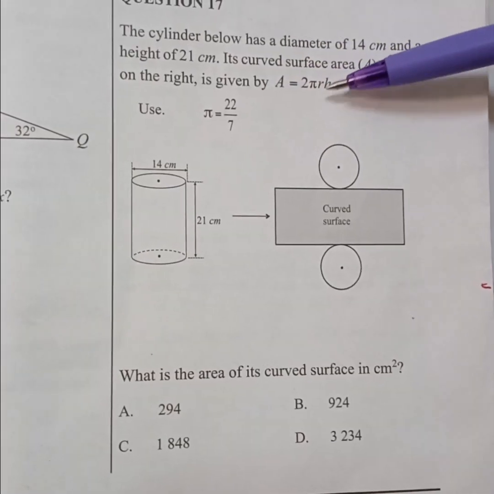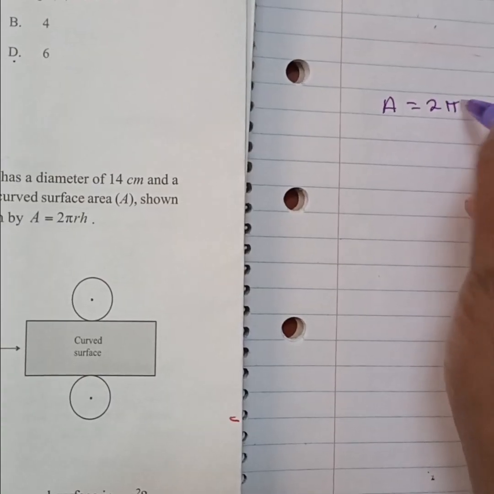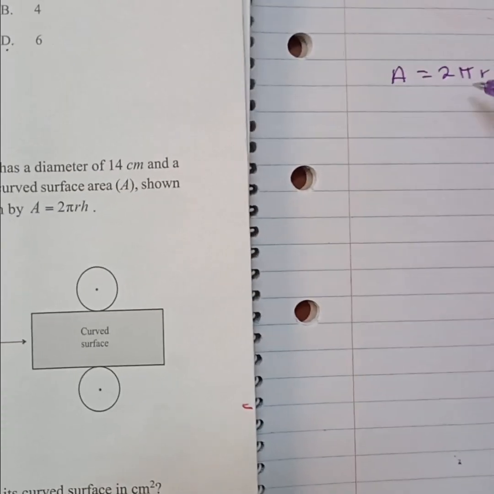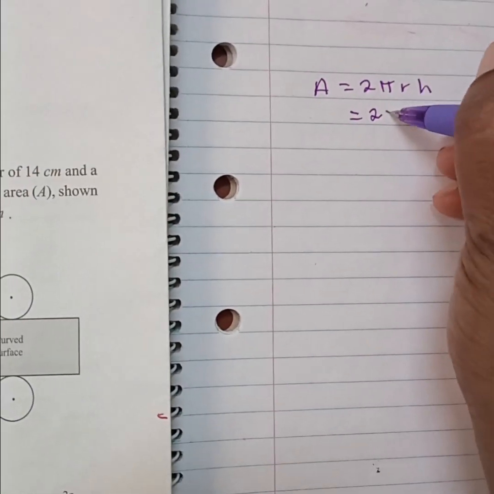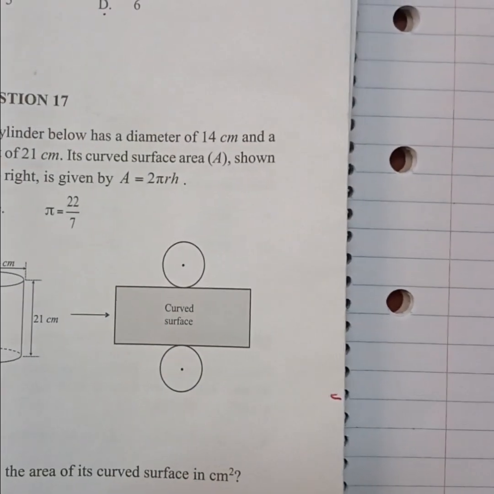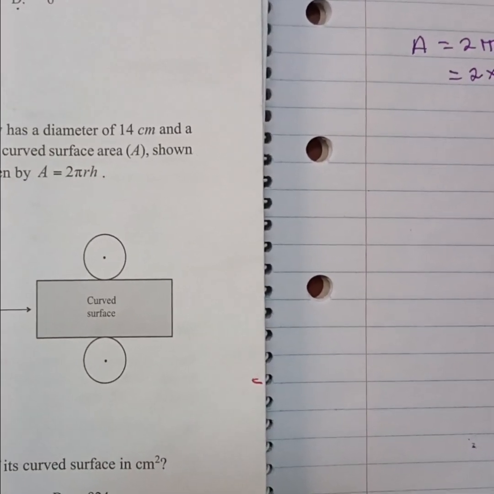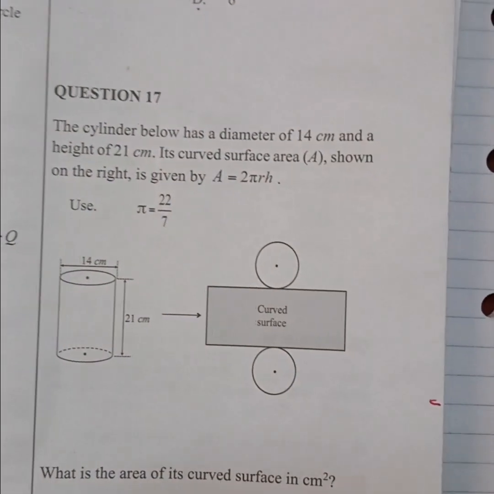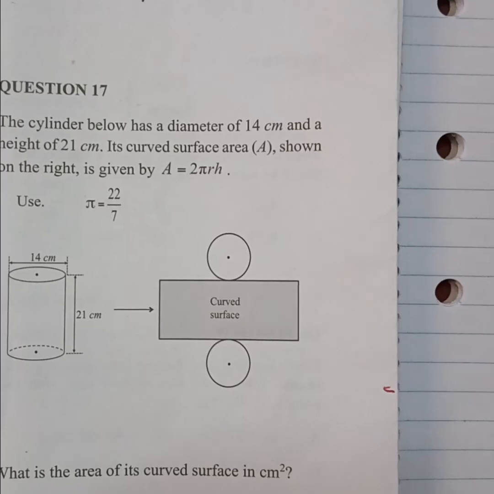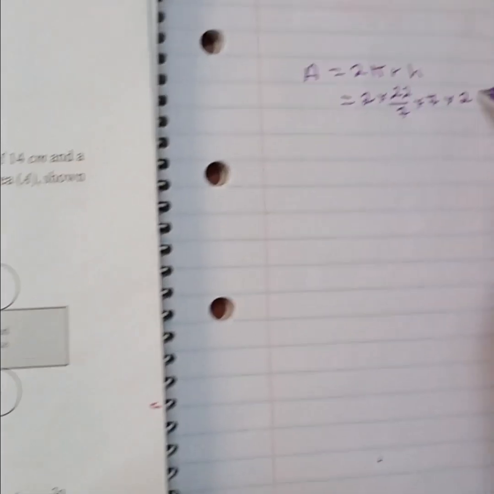A equals 2 pi r h. Let's just substitute 2 times pi. They say pi must be 22 over 7, and the radius is half of the diameter, and the height is 21.